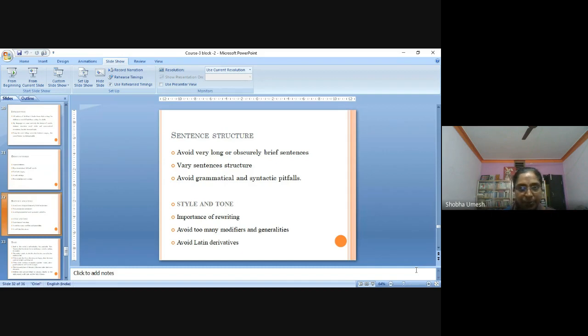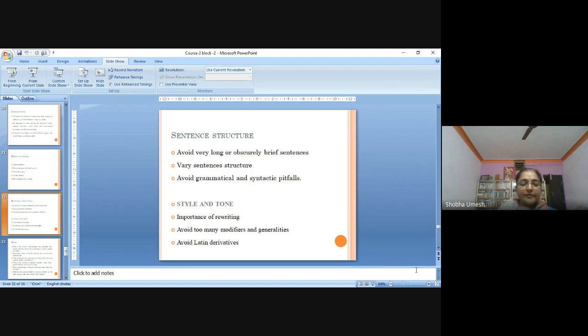So once you have written, you have to reread it several times and change according to the context, and avoid too many modifiers and generalities. So you have to avoid too many modifiers. See, modifiers should not be used a lot and general things should not be added too much.